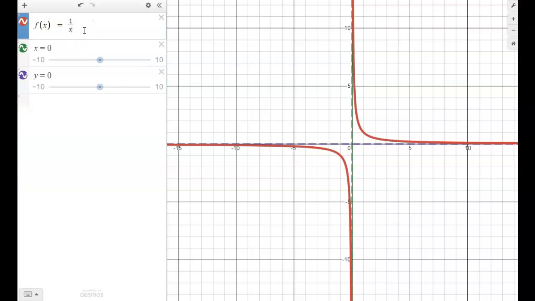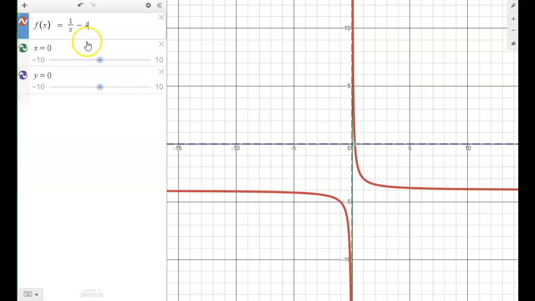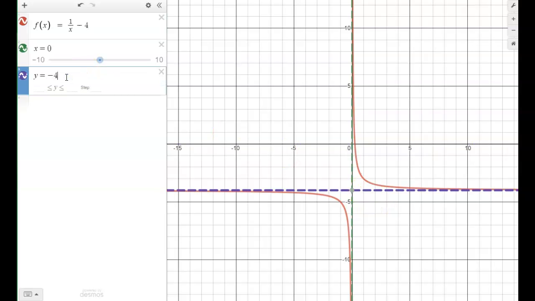If you subtract a number from your function, say I subtract 4 from my function, now my graph has been shifted down, and now my horizontal asymptote is down here at -4. Okay, so we've learned before that when we're doing transformations, if you add a number to your function or subtract a number from your function, that shifts it up and down. And in the case of these functions, that number you add or subtract basically tells you where your horizontal asymptote is going to be located.